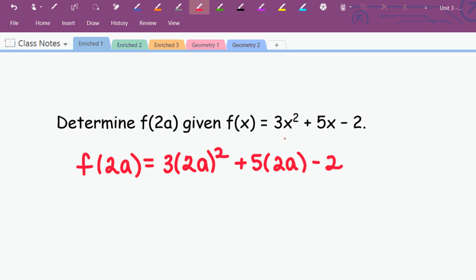All right, let's clean that up. Sierra, what's some math that you can do on this? And what do you get when you do that? Close. Yeah, sorry, just do the squaring first if you want. So this is 3 times 4a squared now.